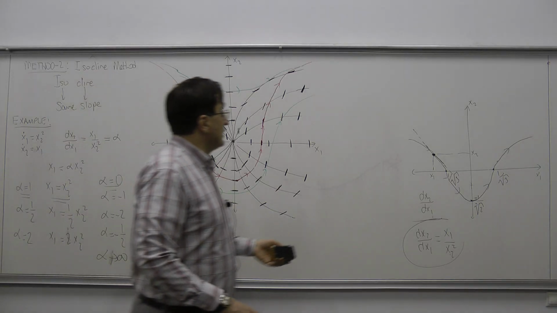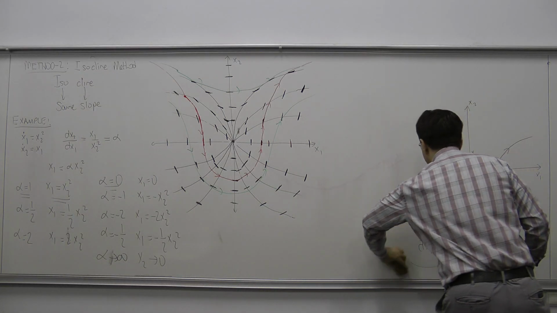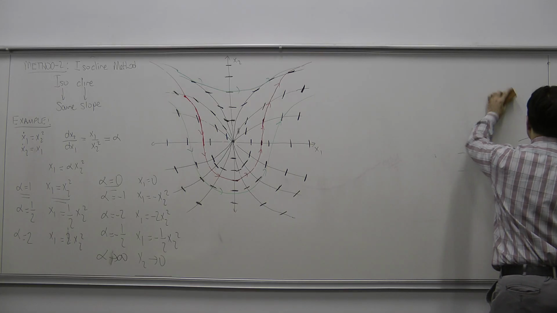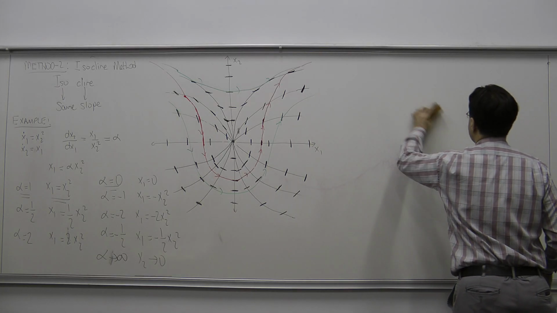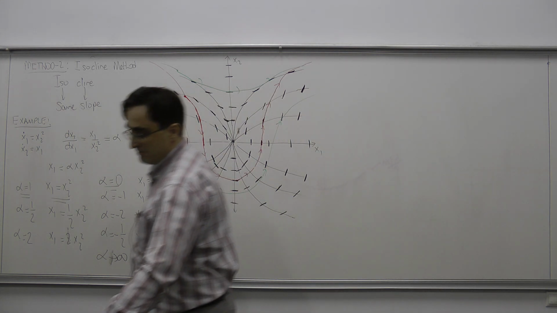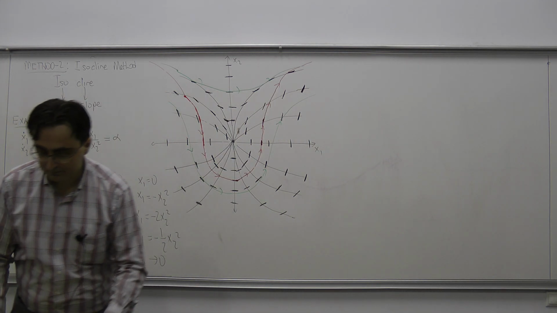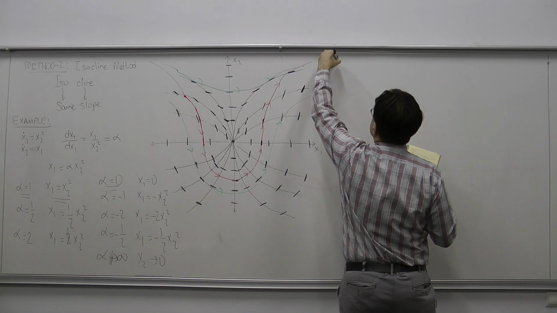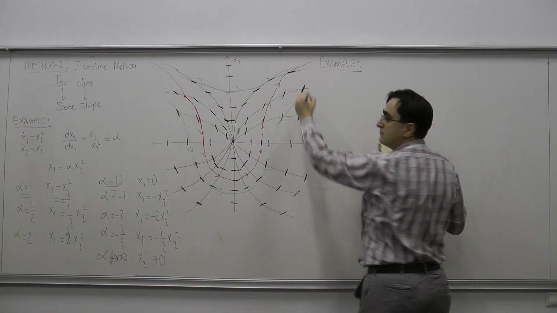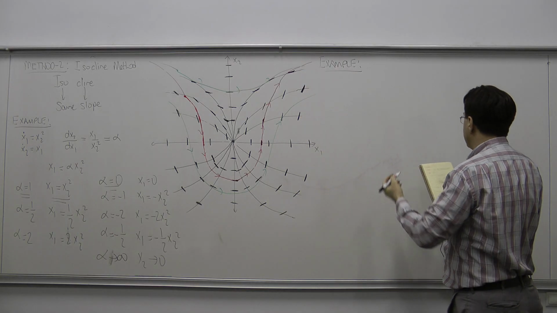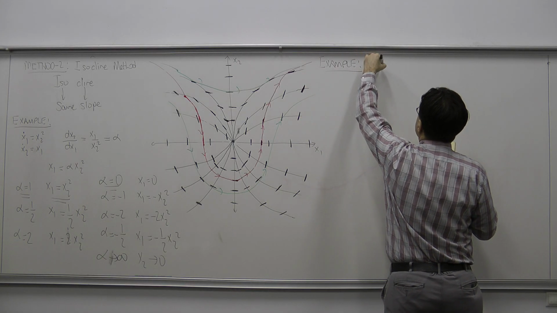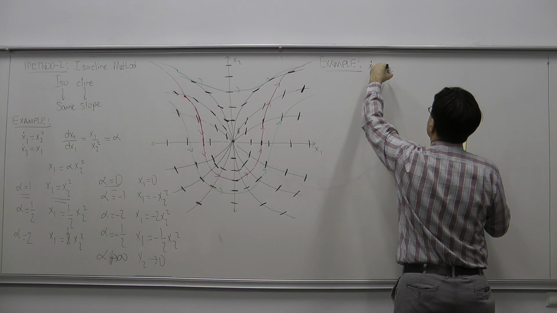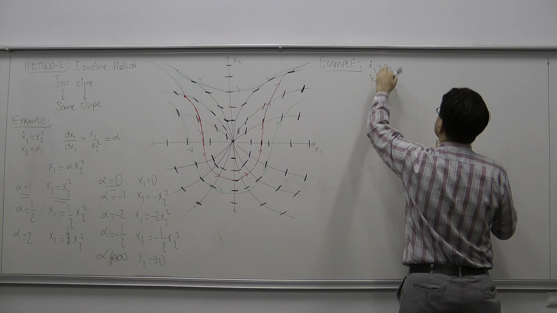Now I'm going to solve one more example on the isocline method. The system that I'm given is the following. x1 dot is equal to x2 and x2 dot is equal to 2 minus x1.